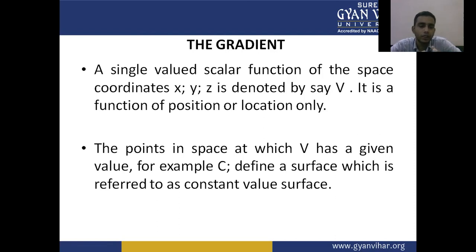Next, we have an important interpretation in vector calculus, that is the gradient, which is a very important topic in electromagnetic field theory. It has very versatile applications in the design or calculation of electric field vectors and magnetic field vectors.